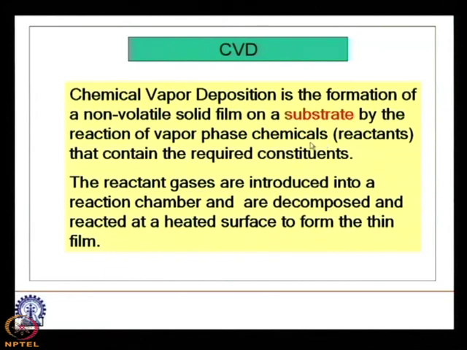Silane is a chemical containing silicon. That silane will have to be injected in the reactor chamber by means of some vapor. So, you have to make vapor of that silane, you have to inject it in the reactor, and there must be a heated surface, that means there must be a substrate.